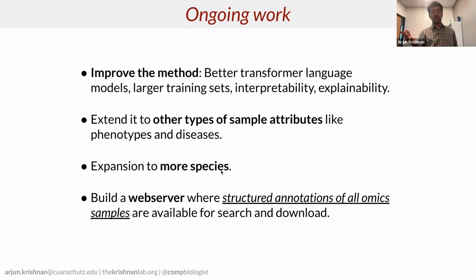We're expanding this to more species, so not just humans, but other model organisms. And we're building a web server right now where we're going to put all the predicted structured, standardized metadata that we predict for all samples that have ever been generated and deposited in public databases, so that somebody can search and find relevant datasets and samples as fast as possible based on standardized annotations.